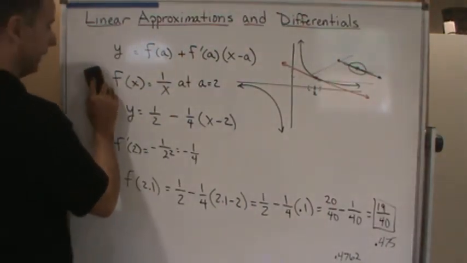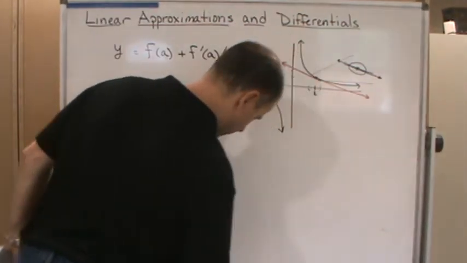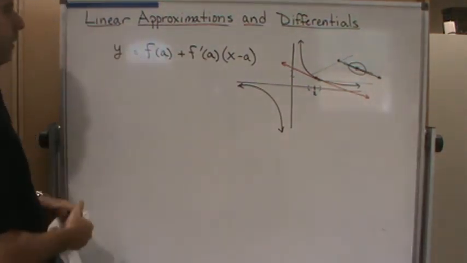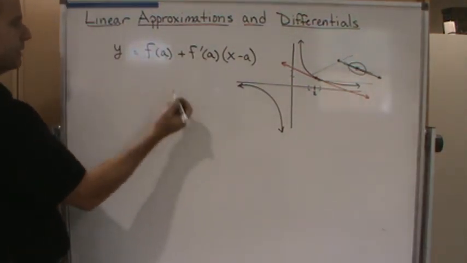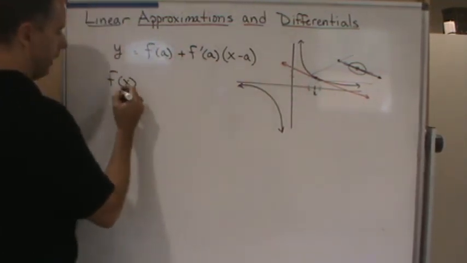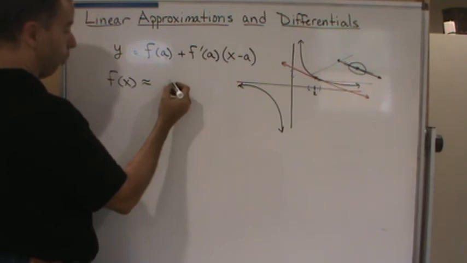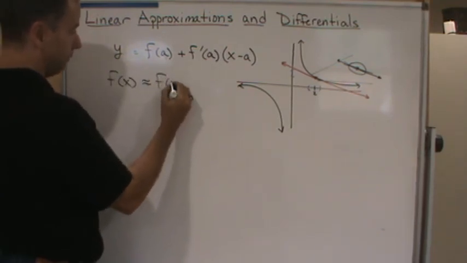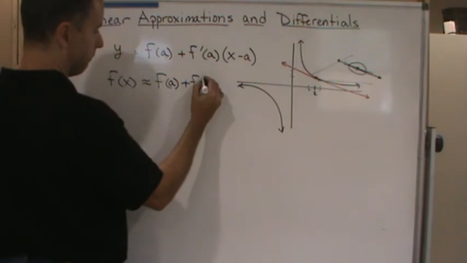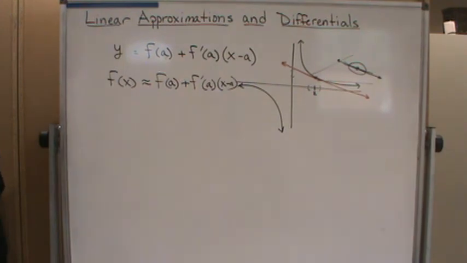So that's the equation of the tangent line, but if we want to use linear approximation, we would say f of x, the value of the function, is approximately equal to the linear approximation given by y, which is f of a plus f prime of a times x minus a. And this is what we're going to use for our approximation, again for values of x that are near a.